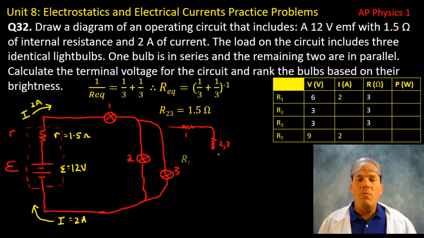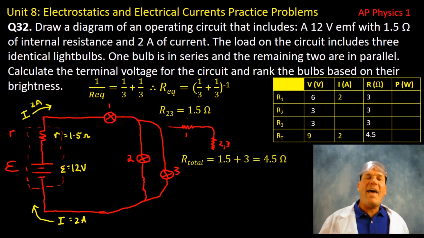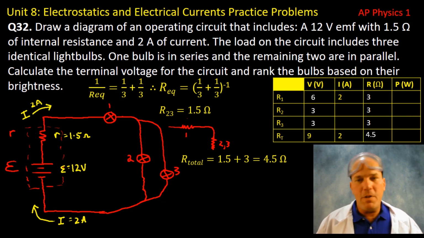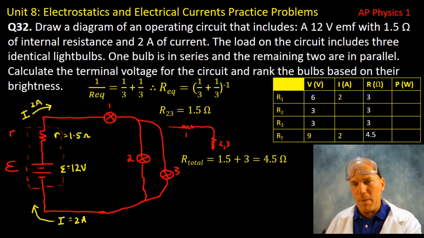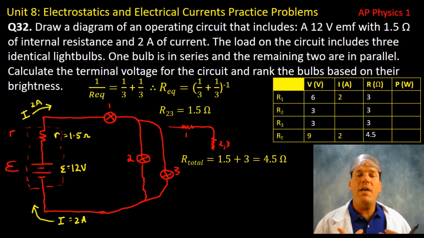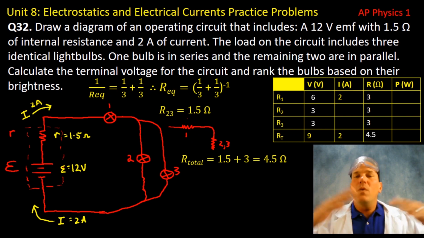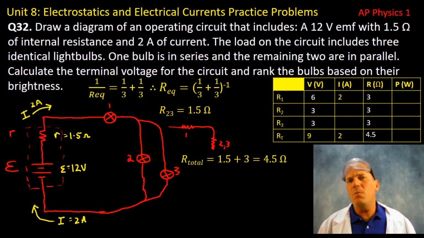Which means to find the total resistance, now we can add the 1.5, which was the equivalent resistance for the parallel combination, plus the lone light bulb number 1, which had 3 ohms of resistance, and that will give us the total equivalent resistance for the circuit, and it's equal to 4.5 ohms.